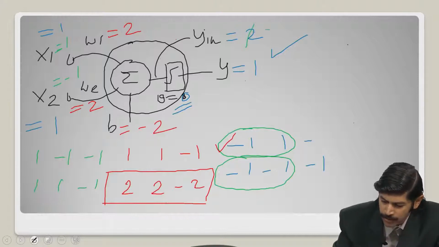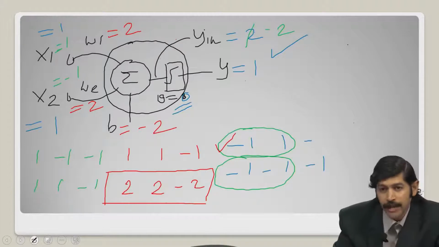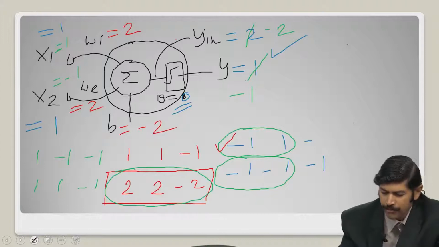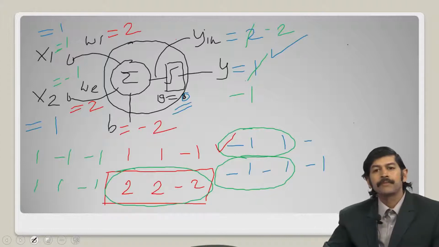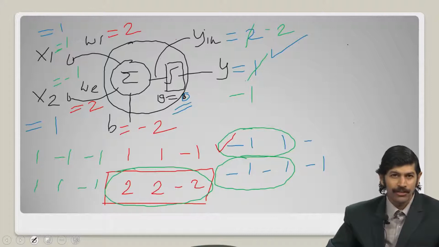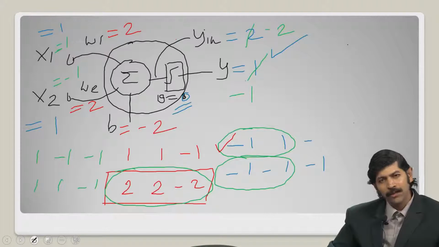So y of n in this particular case will be minus 2, and since minus 2 is less than my threshold value of 0, the output produced is going to be equal to minus 1, and this is very interesting. So now the solution that was found using the Hebbian philosophy is working out, and the viewers can confirm this for the remaining two cases, and they will be able to confirm that it indeed works for all the possible 4 exemplars. For the entire epoch, the solution actually holds good.